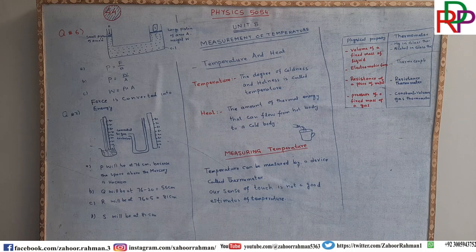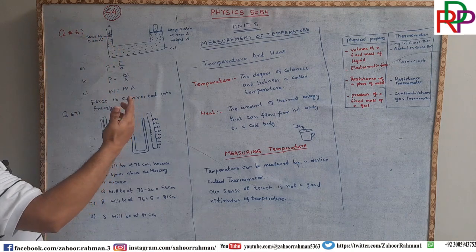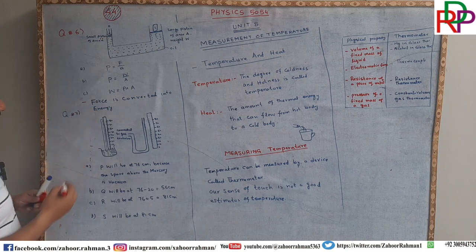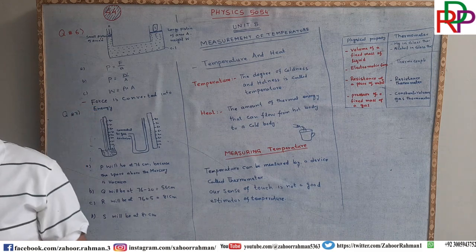So where is that energy coming from? From our body, we are pressing this small piston, we are applying a force. We won't be able to if we do not have any energy in our body. So our body energy is applied in the form of force on the small piston, and that force is converted into energy. Okay, that was a small part written at the end. So this was question number 6.